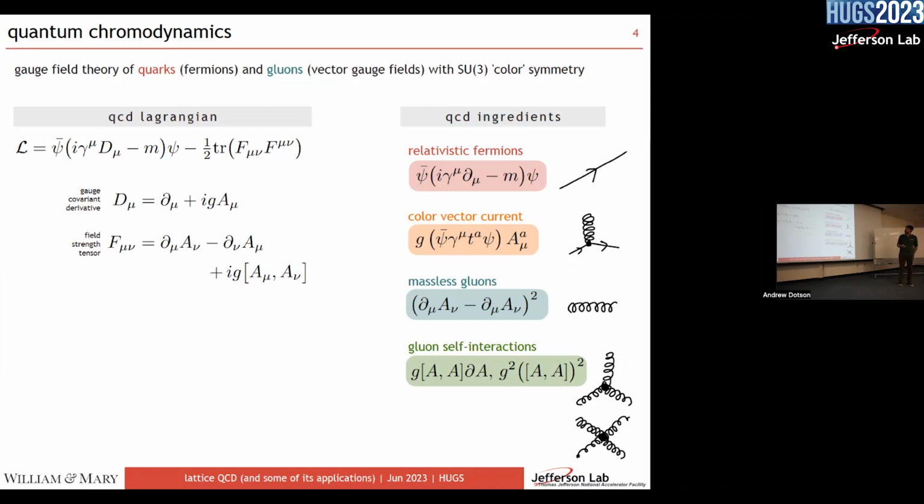And then the bit that makes QCD really interesting is when you expand this out, you have pieces which have 3 powers of A and 4 powers of A, and that gives rise to these gluon self-interactions, which importantly are controlled by a coupling strength, which is exactly the same coupling strength that appears in the quark-gluon coupling. So there's just this one dimensionless coupling g that appears in the theory. So that's what QCD is.